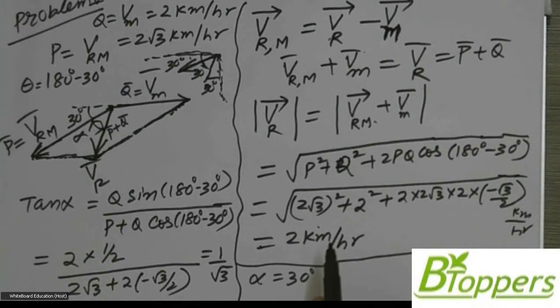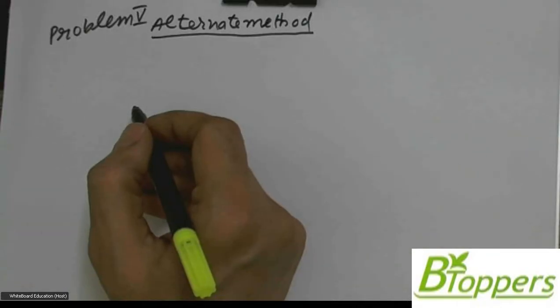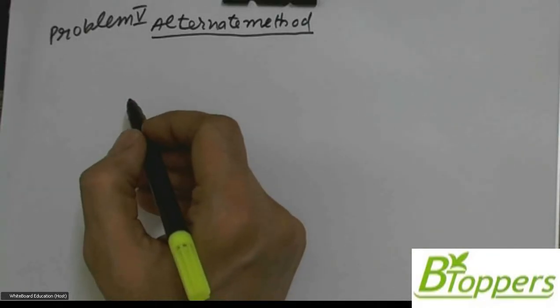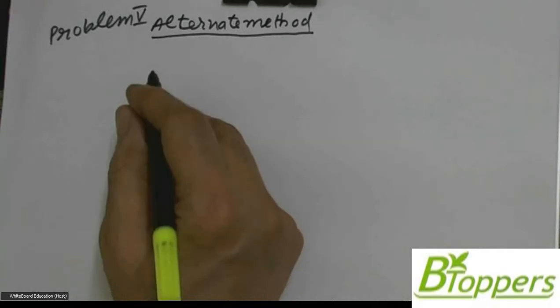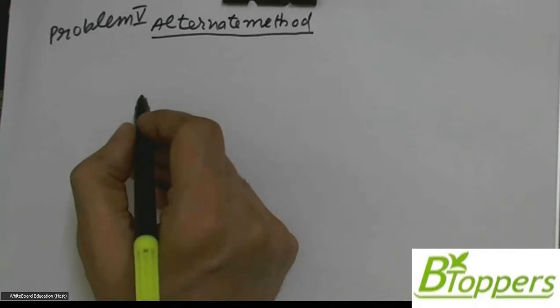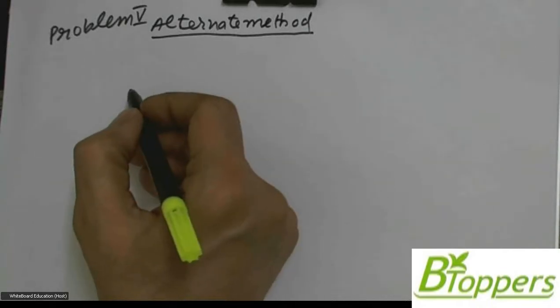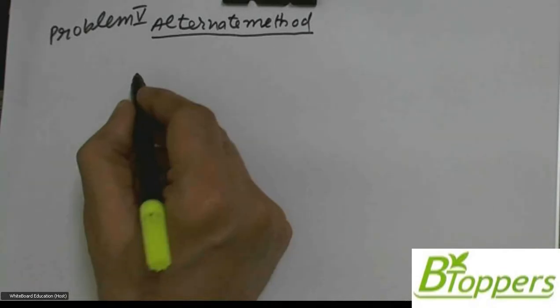Next, I am going to discuss the same problem by an alternate method, that is by using the component method. In this, it is given that the velocity of the man is in the horizontal direction.